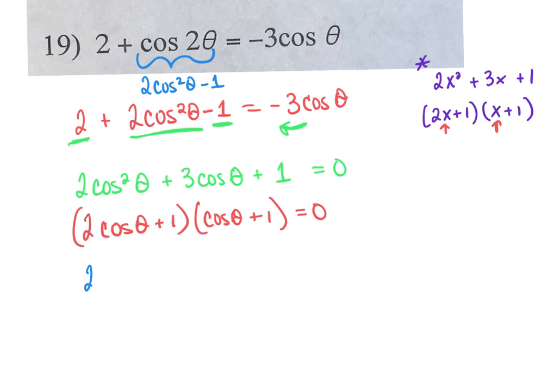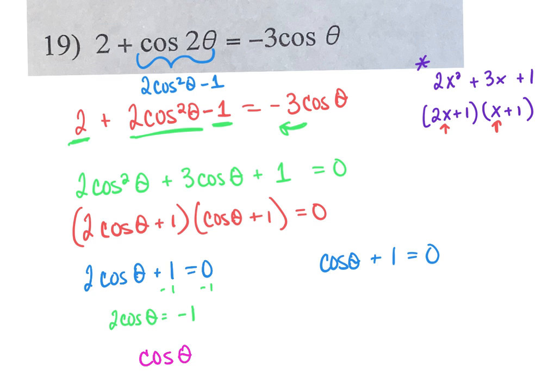So I'm going to say 2 cosine of theta plus 1 equals 0, and cosine of theta plus 1 equals 0. What do I do here? Subtract 1 and divide by 2. So cosine of theta equals negative 1/2. Over here I just subtract my 1. So cosine of theta also equals negative 1.